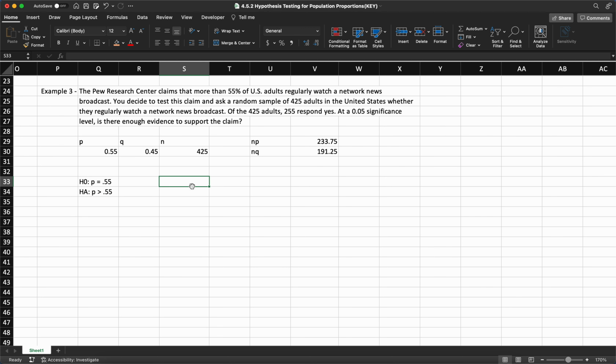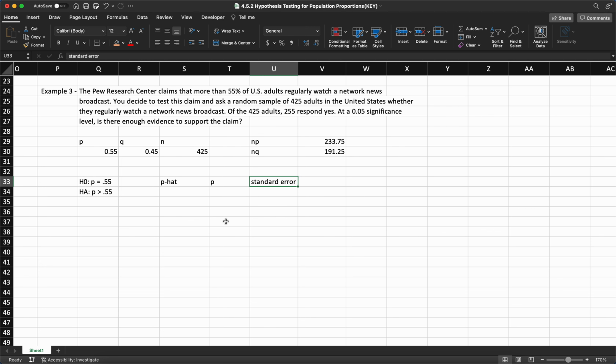So now we need to find our p-value. So we need to find p hat. We know what p is, and then we also have to find our standard error. So p hat is going to be the 255 adults divided by 425 that I've actually surveyed, which comes out to 0.6.